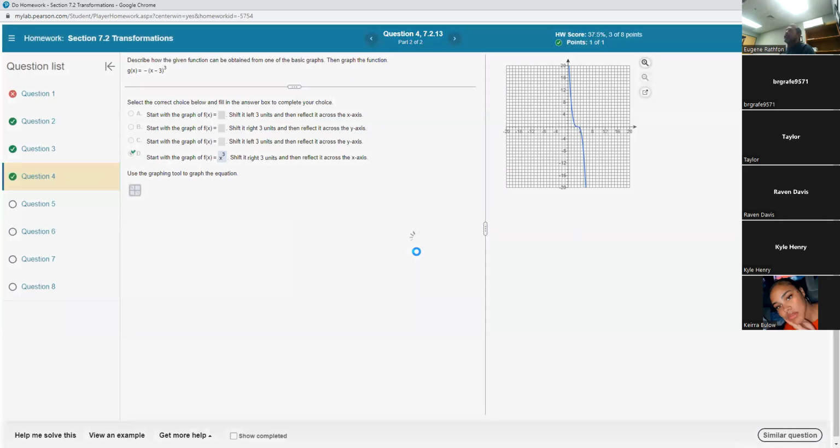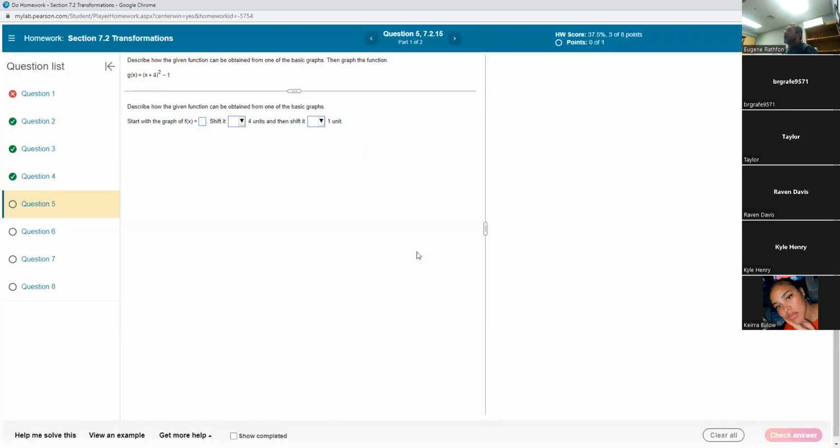So I think these are easier to graph than some of the problems we had in the past. Because this one, you just got to figure out which basic graph you got, then use them slides. All righty, so they're giving me g of x equals (x plus 4) squared minus 1.